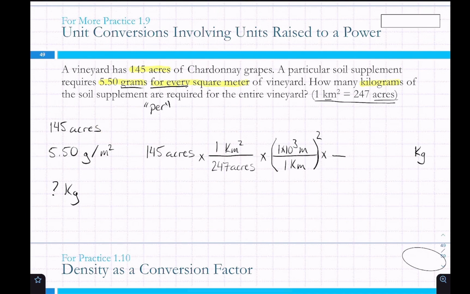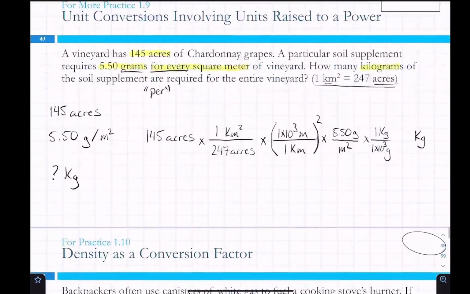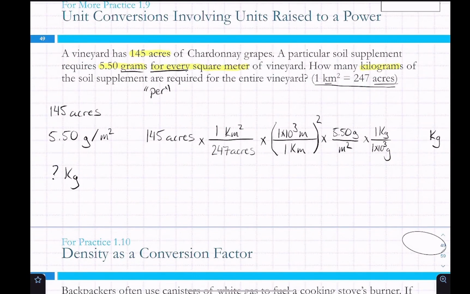And then we can use our 5.5 grams per meter squared. And then we can convert grams into kilograms. So 1 kilogram is 1 times 10 to the 3 grams. And now our units there at the end on top match the units that we're looking for overall for the question.